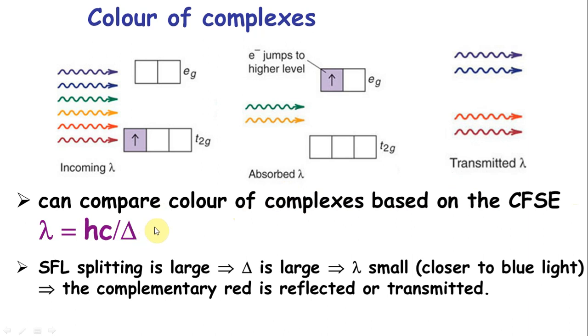If you have two different complexes of the same metal, cyanide versus chloride, cyanide is stronger, so delta naught is higher. Lambda is inversely proportional, so higher the crystal field stabilization energy, lower the lambda. A strong field ligand splitting is large, delta is large, so lambda is small. Smaller lambda is closer to blue light. That's the light it absorbs, so what color you see is the complementary red color. It's as simple as that.